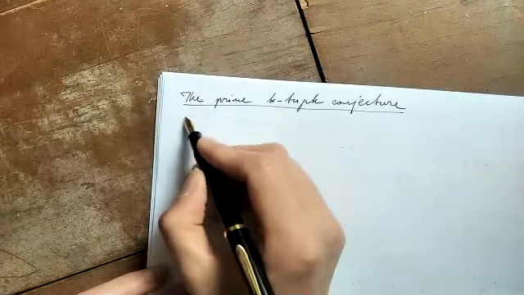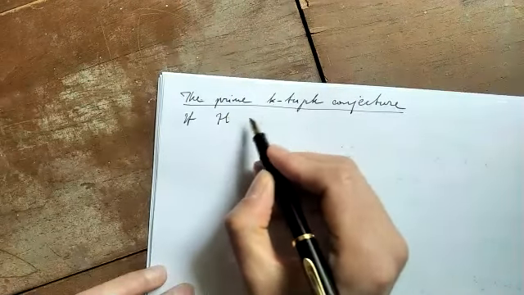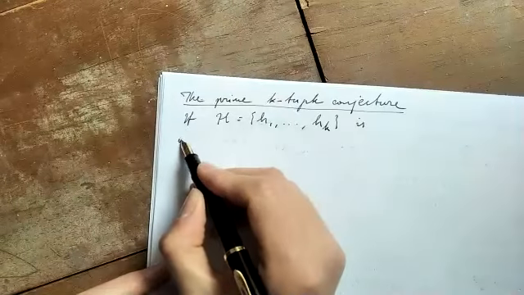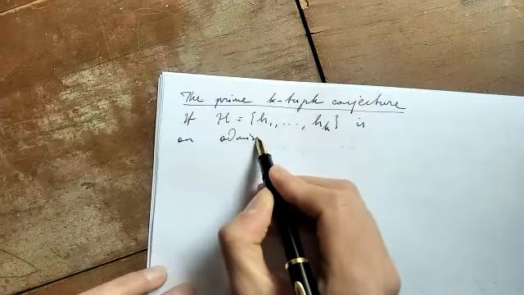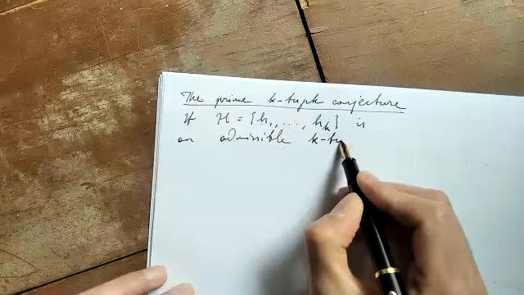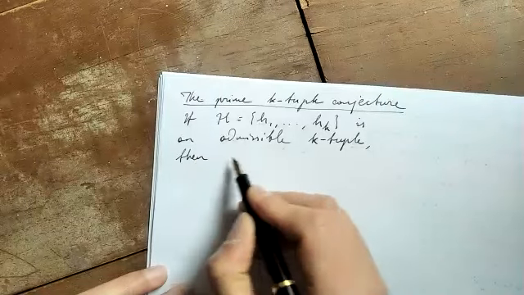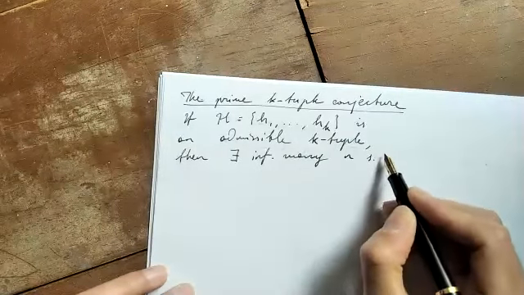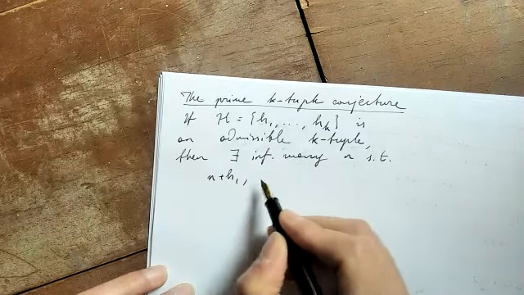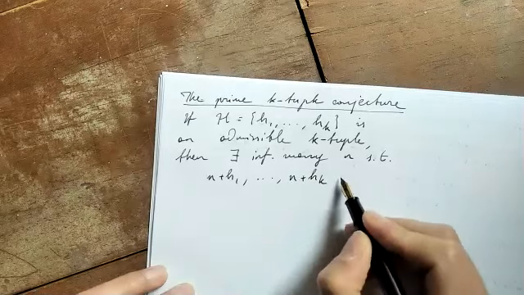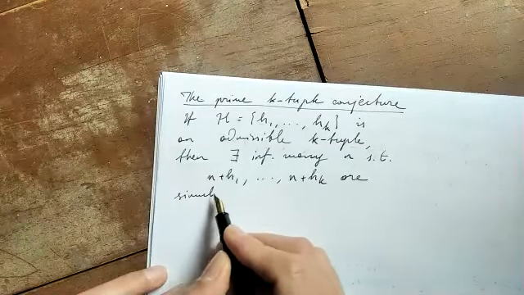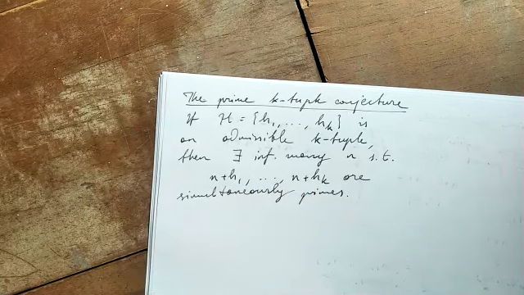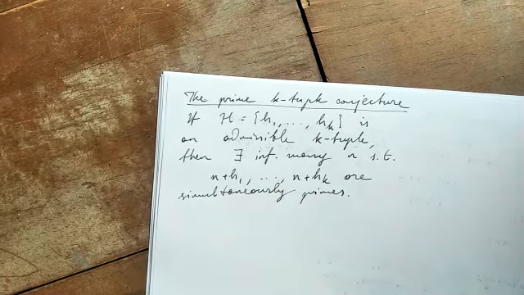It says that if h_1 up to h_k is an admissible k-tuple, then there exist infinitely many n such that n plus h_1 up to n plus h_k are simultaneously primes. So, of course, this is way out of reach, even the twin prime conjecture is.